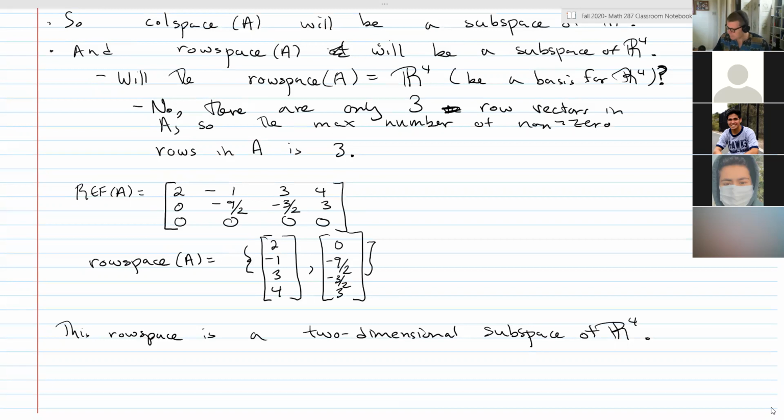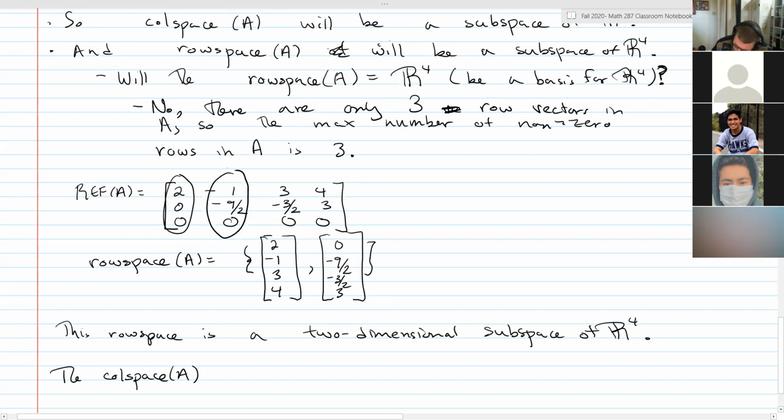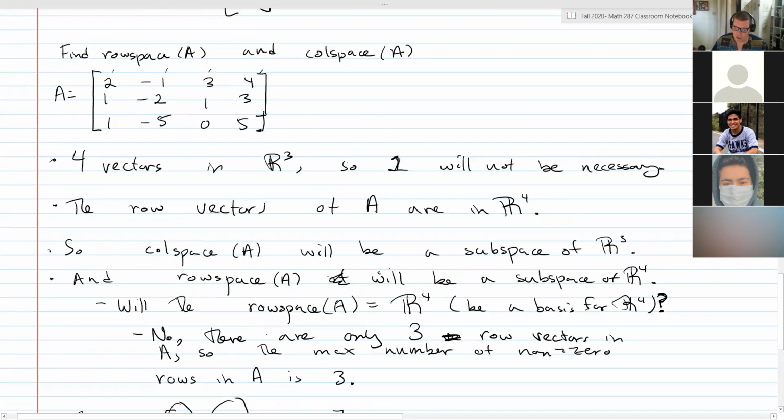And then if we look here, what we're going to have is the column space of A now. We'll notice that our pivots are in the first two columns. So our column space of A is going to be the first two columns in the original A, column 1 and column 2.